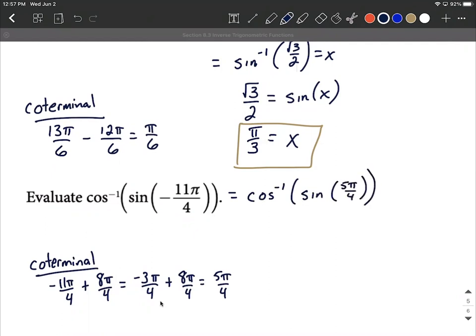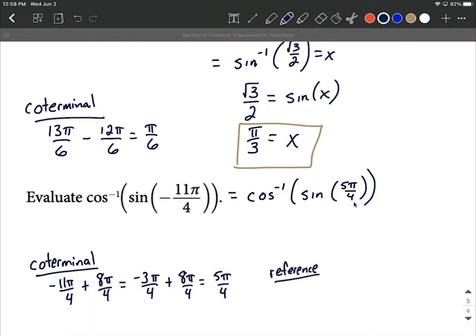Remember, as long as you're finding a coterminal angle, you don't have to worry about positive or negative. It's equal to the original, just rewritten with an equivalent coterminal angle. Now, evaluating sine of 5 pi over 4 can be a little difficult. This is where I'm going to think about a reference angle.